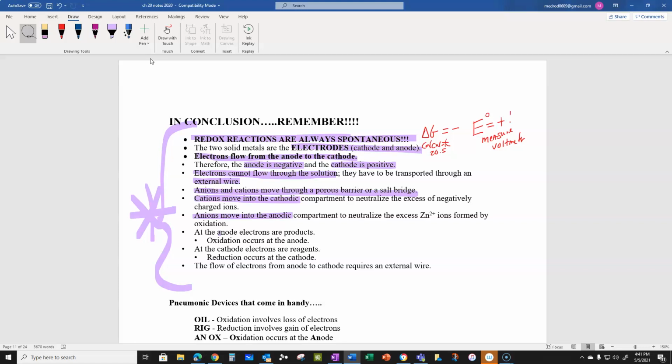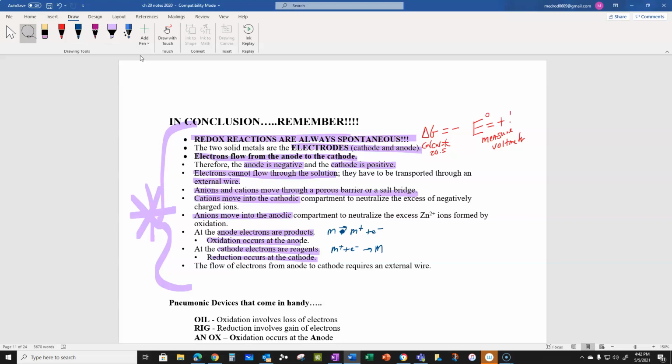The anode will have electrons on the product side, so when you do your equation, you will see the metal, arrow, positive ion, with the electrons on the product side. And then at the cathode, you would see the electrons on the reactant side, and it gained an electron. Oxidation occurs at the anode. The cathode has electrons on the reactant side, and reduction is at the cathode.